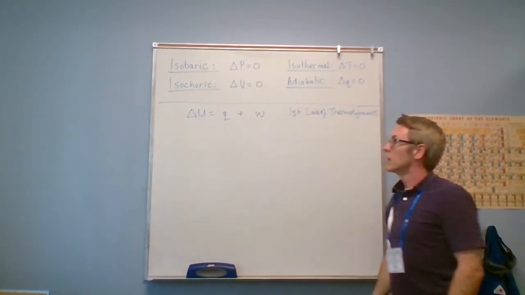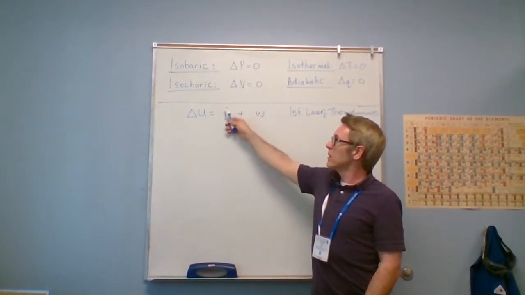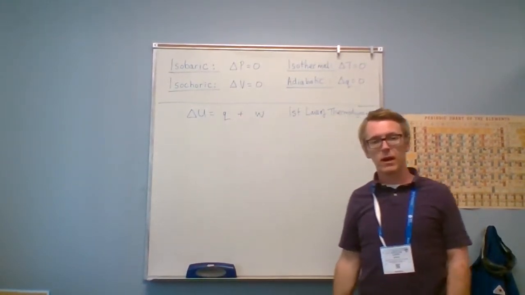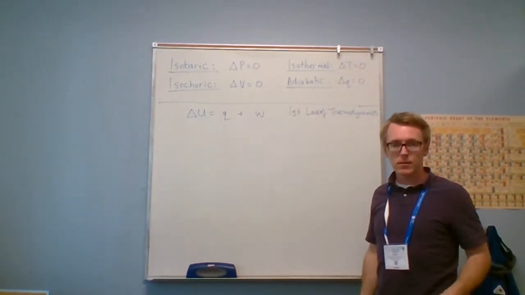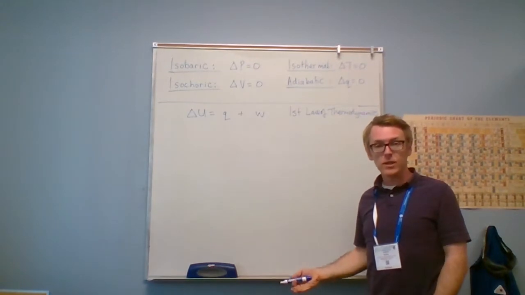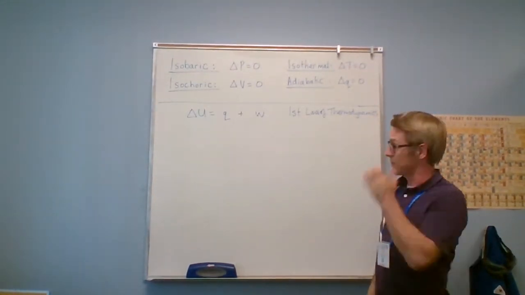We've already said that how energy chooses to appear or manifest itself depends on the opportunity presented to it by whoever designed the experiment. You allow it to do work, don't be surprised when you see work. You allow it to show heat, don't be surprised when you see heat.